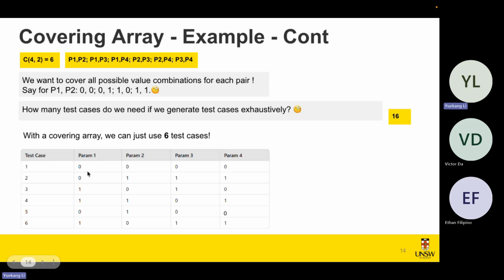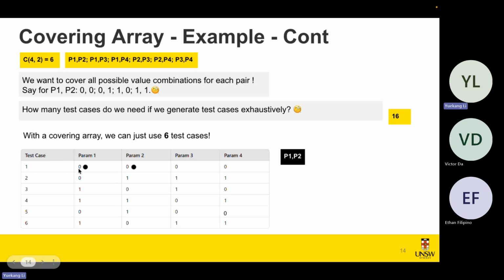This is the final test suite we need to cover all the possible patterns for each pair. We have 6 pairs. The first pair is P1,P2. Let's try to cover all the patterns from 0,0 to 1,1.